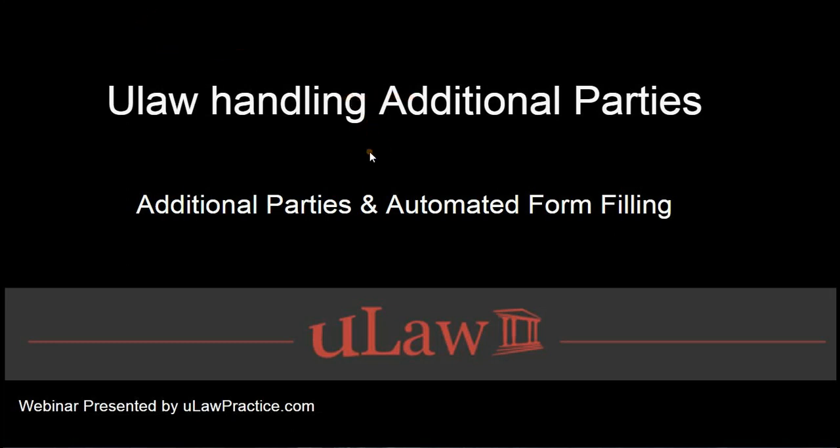What we've tried to accomplish as part of our practice management and as part of our pursuit to help legal professionals stay more efficient and save time, we've introduced this feature called additional parties, and we're going to walk through some examples of these types of parties.